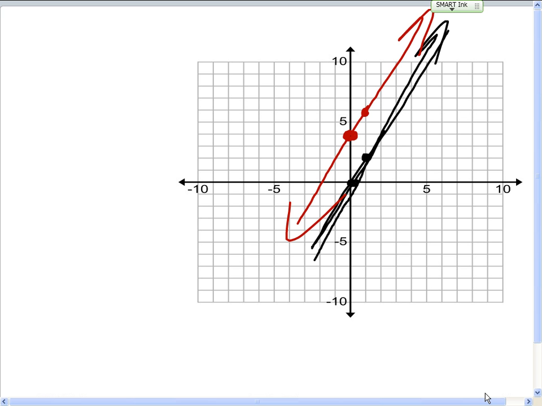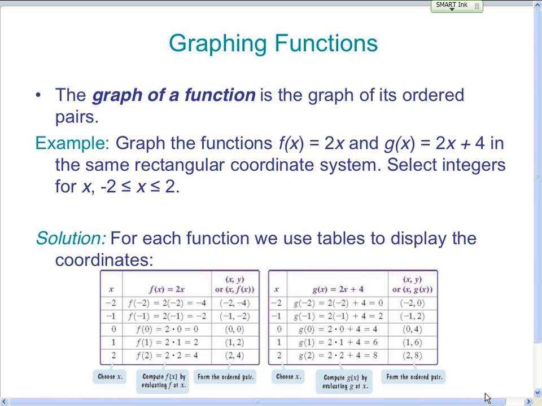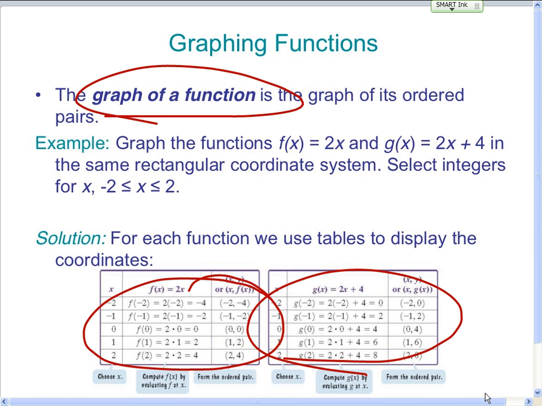And that is my g function. Now, the book actually has you plot points, which will also work. It just takes more time.